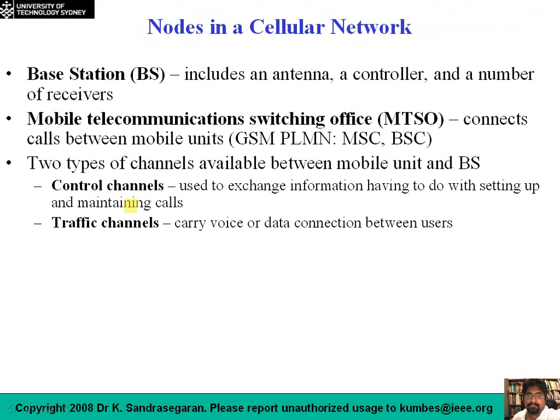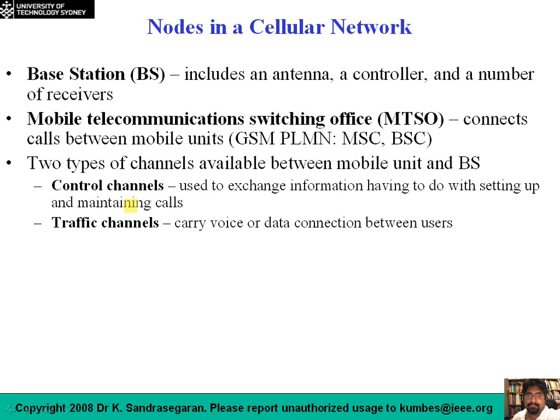So the 2 most important components in a cellular network are base stations and the switching office. There are usually many other components, but whether you look at first generation, second generation, or third generation mobile networks, they all have base stations and a switching center.